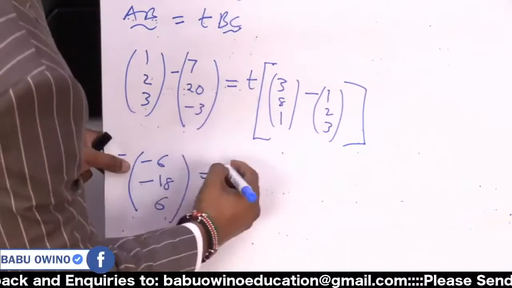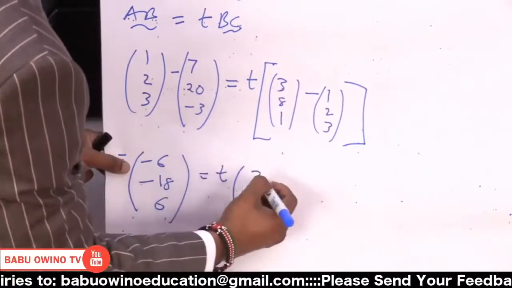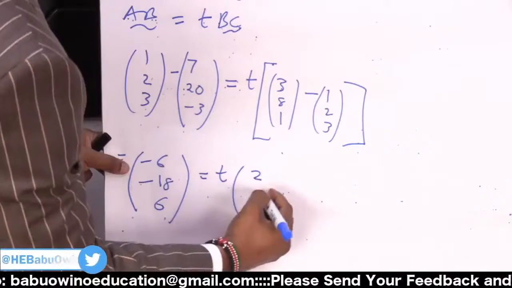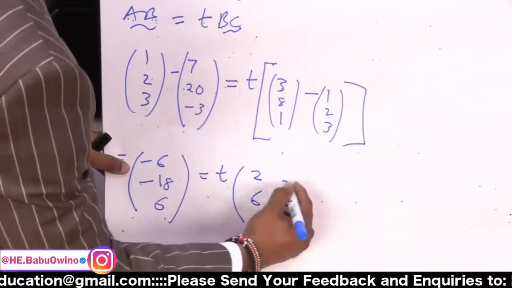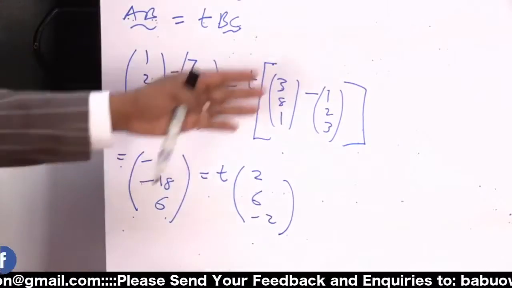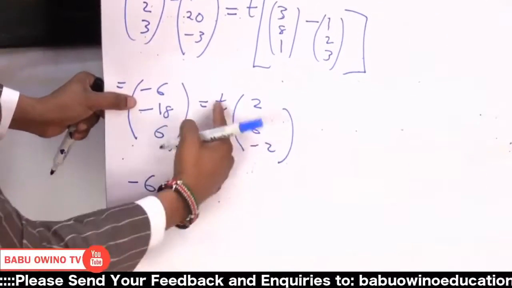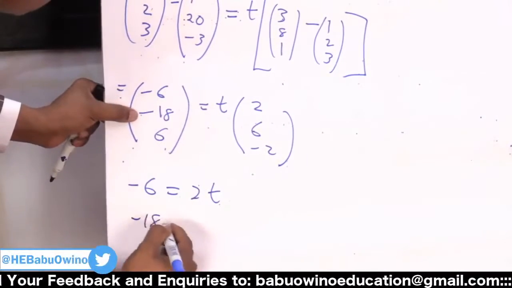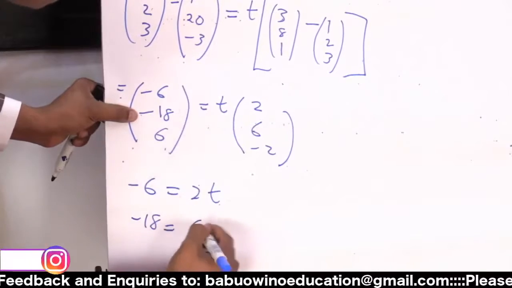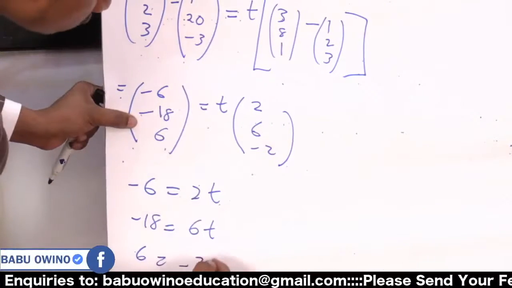Then this side we have t into 3 minus 1 is 2, 8 minus 2 is 6, then 1 minus 3 is minus 2. Open up, take the values. Minus 6 equals 2t, the first value takes the first value. Second value is minus 18 equals 6t. Third value is 6 equals minus 2t.